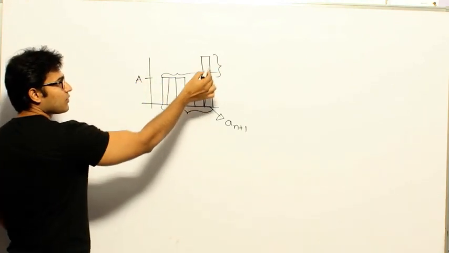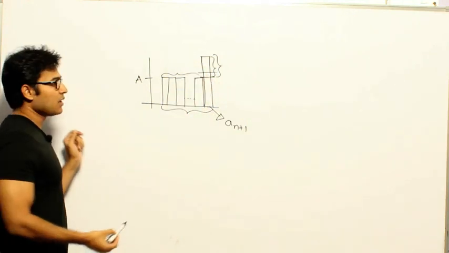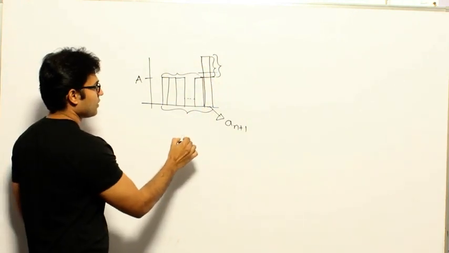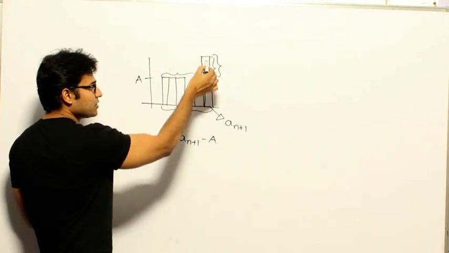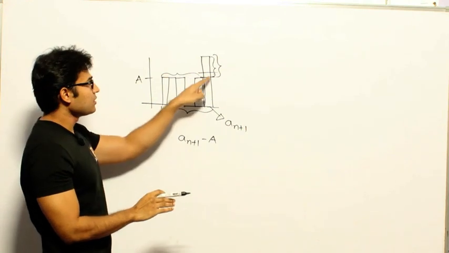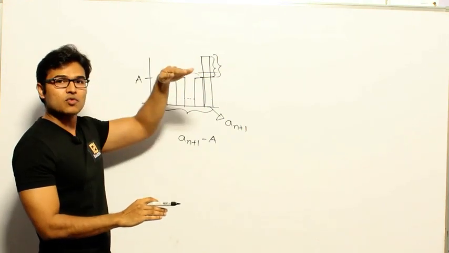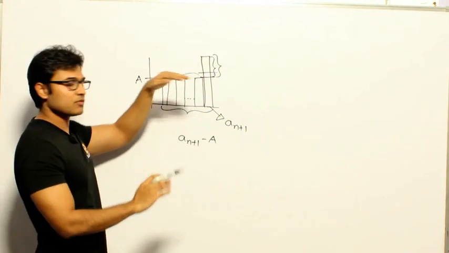Now let's find out the difference, which means this particular part. What is this difference? That is what I wanted to find out. Now the difference would be a n plus 1 minus A, right? Now this particular difference has to be cut into equal parts and then given to all of them so that the average will move up, because all of them have to get an equal share, isn't it? Equal distribution of the difference.